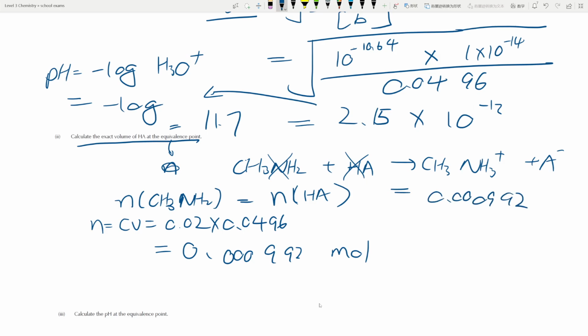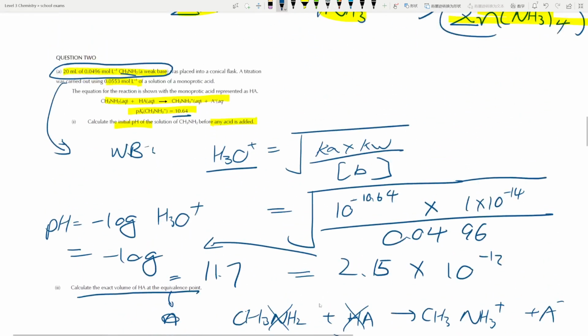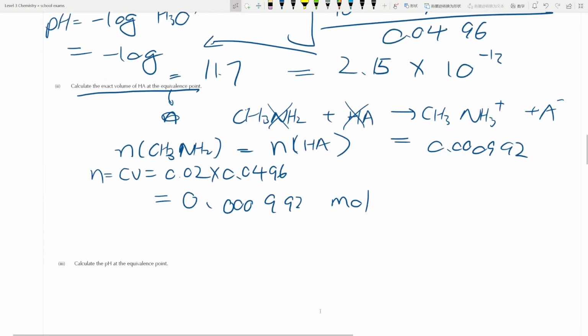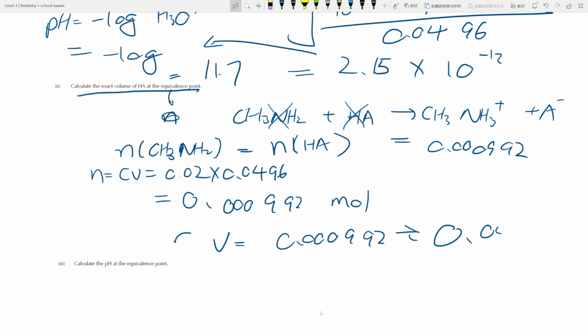Now we know the concentration of the other one, which is 0.553. So the volume is just going to be 0.000992 divided by the concentration, sorry, 0.553, and that's going to be 0.0179 liters, which is 17.9 mL, roughly 18 mL.